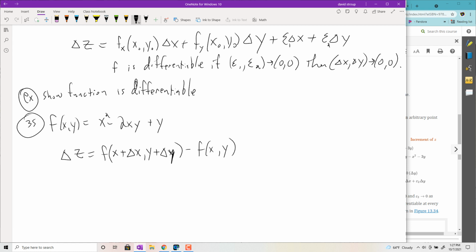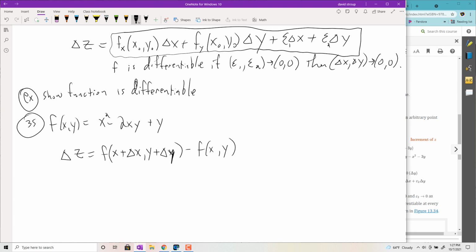Okay, so I'm going to work with this definition and try to engineer this expression, and then I'll be able to show, hopefully, that as epsilon 1, epsilon 2 go to 0, then delta x, delta y will go to 0. Okay. All right.